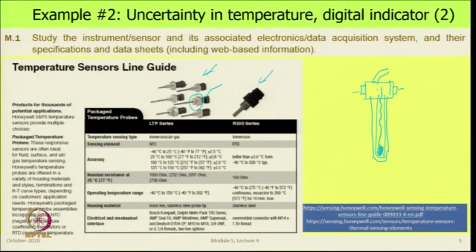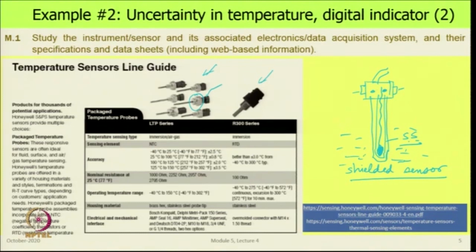There will be a connector inside which has screws on which you can connect it, and the sensor is sitting inside this stainless steel tube. So, this is a typical arrangement which is called a shielded sensor. What it does is that the element does not come in contact with the environment in which the measurement is being made.